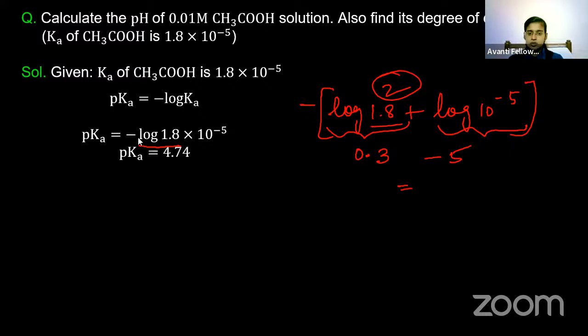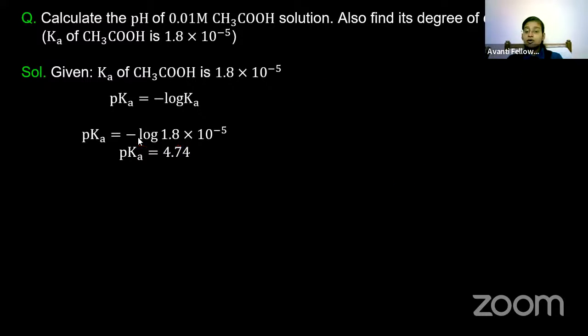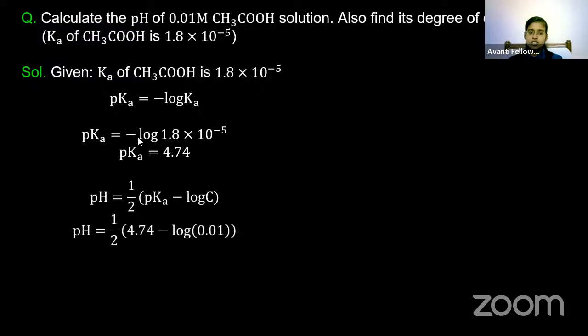So the pKa value is equal to 4.74. Now apply this in the pH formula. We know that the pH is equal to 1 by 2 pKa minus log C. So substitute 4.74 in place of pKa and 0.01 in place of concentration, because the concentration is 0.01.